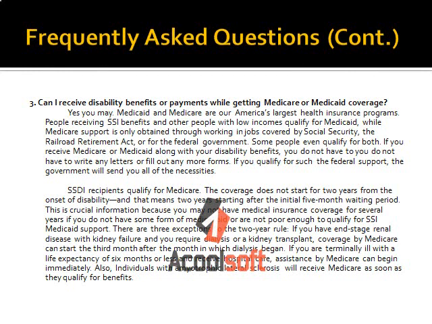If you are terminally ill with a life expectancy of 6 months or less and receive hospital care, assistance by Medicare can begin immediately. Also, individuals with amyotrophic lateral sclerosis will receive Medicare as soon as they qualify for benefits.